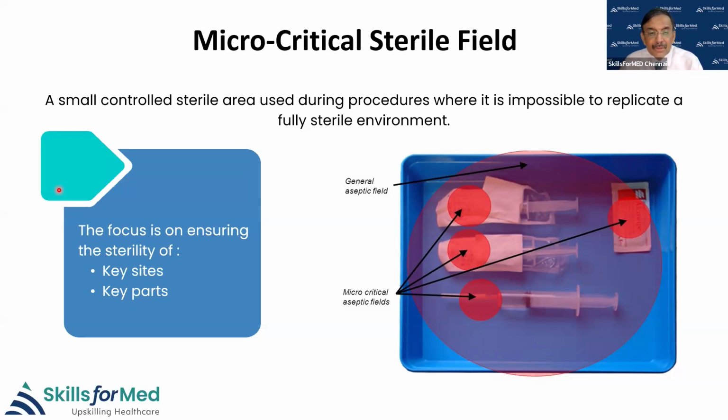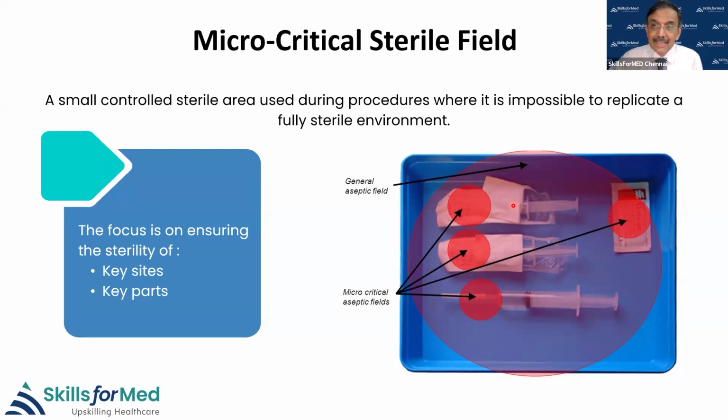So that is why you create a general aseptic field by cleaning the tray with an alcohol swab and drying it so that it gets disinfected, and then you don't drop the syringe. You open the syringe wrapper and take out the syringe, use it to load the medicine, resheath the needle and put it back into the syringe. We always say don't resheath the needle, but here, to maintain the micro critical sterile field, we need to resheath the syringe, and there you have to use a one-hand technique.